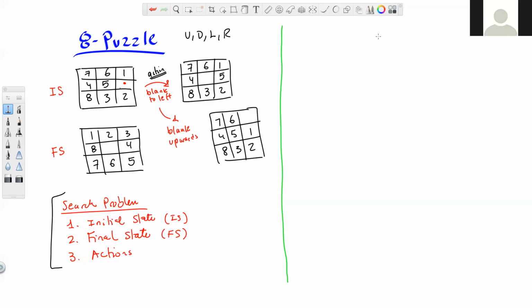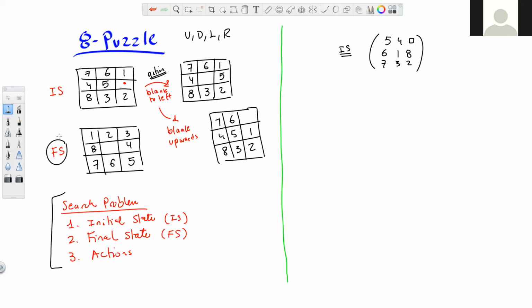If we look at the initial state, here I'm going to draw it like this: 5, 4, blank. This is a different initial state than what we had here, but that's fine. So I'm going to say 6, 1, 8, and 7, 3, 2. Let's say this is what you gave me as your initial state, but the final state is always the same, which is this one.